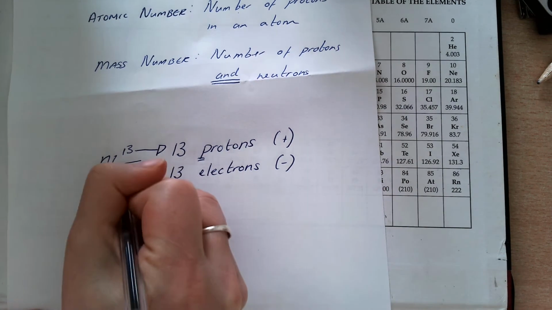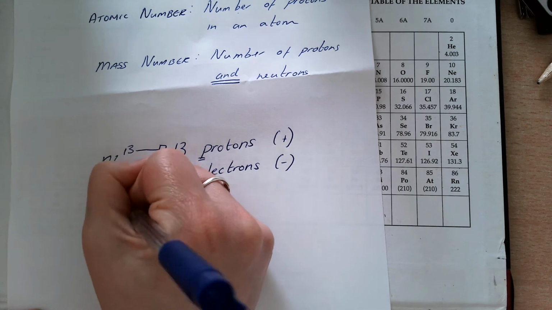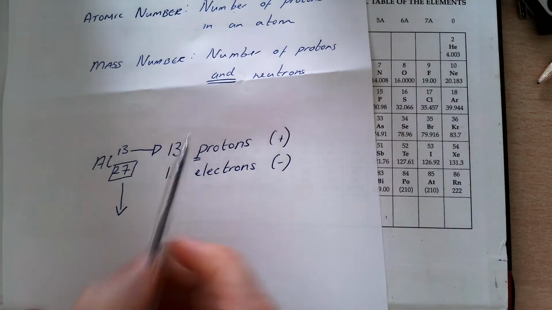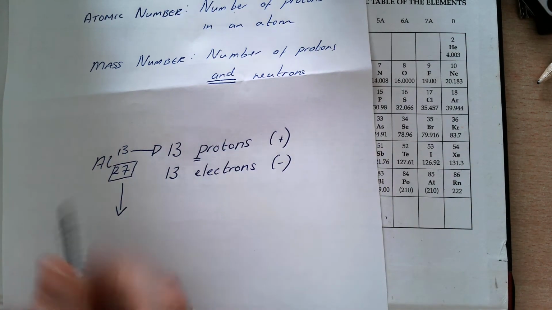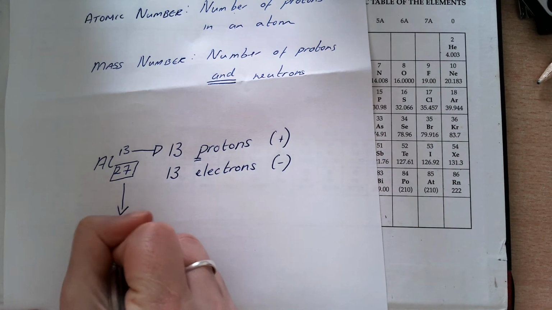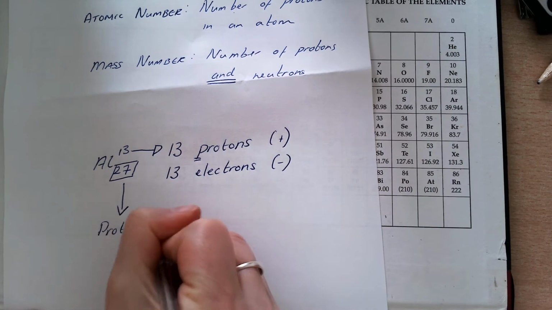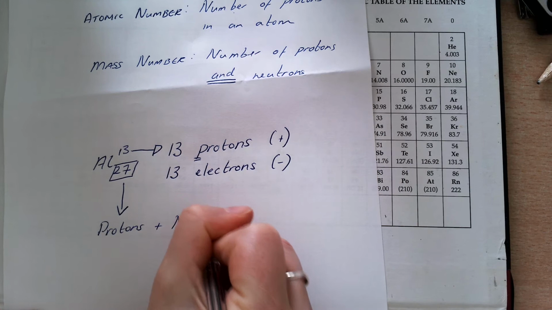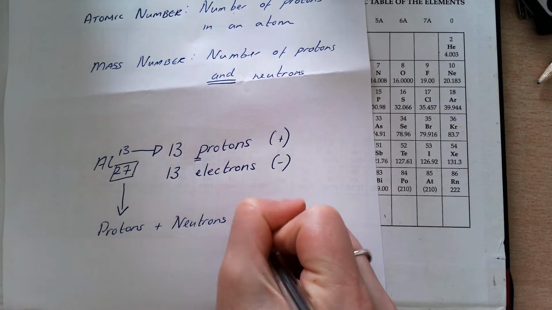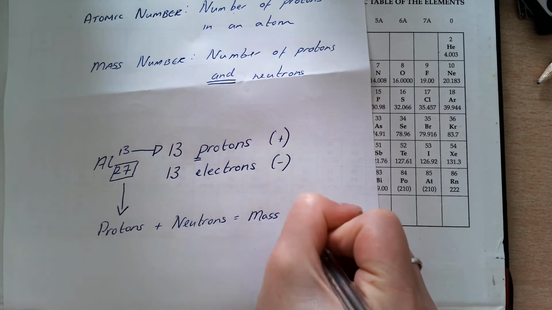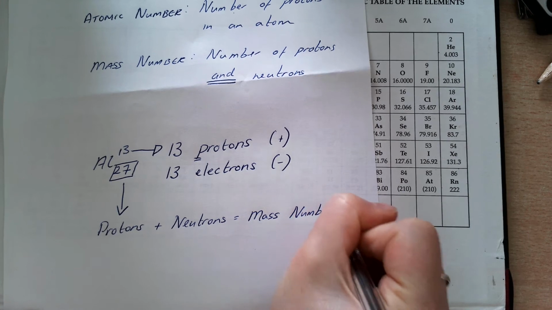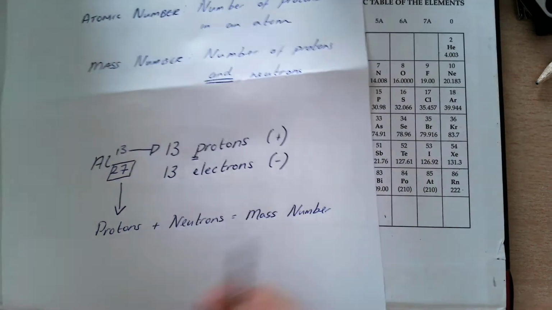Then I'm going to look at my mass number, and my mass number here is 27. And if I look at my definition, the number of protons and neutrons equals my mass number. Okay, my mass number is my number of protons and neutrons.